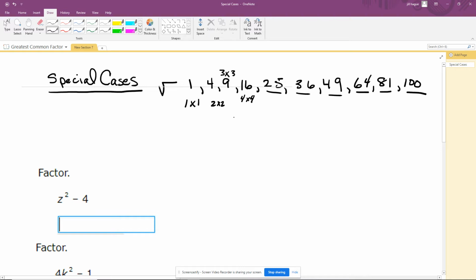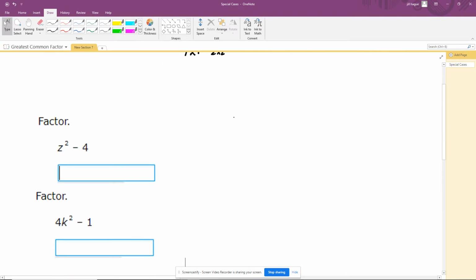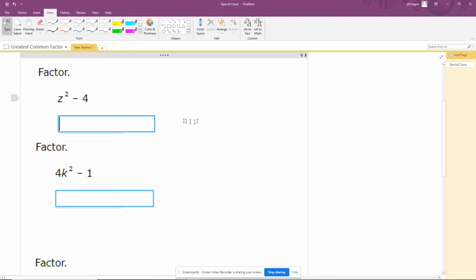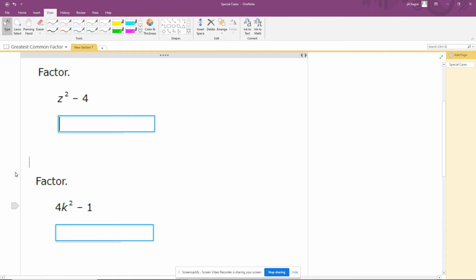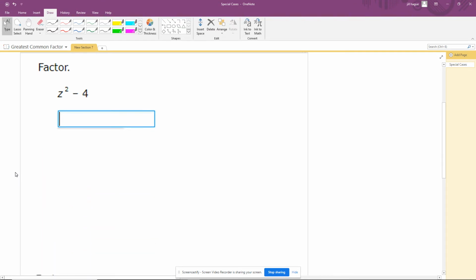So let's take a look at what a perfect square trinomial is. If you remember from several weeks ago, there was a case where we would have x plus 9 times x minus 9.